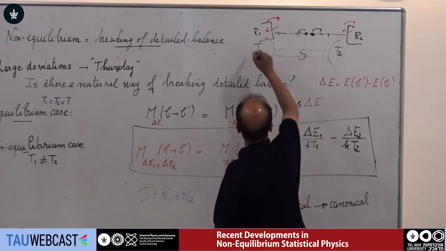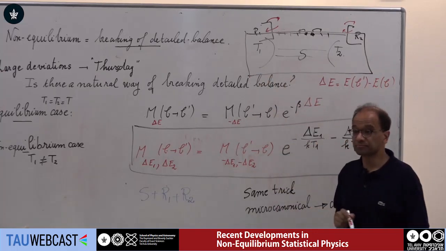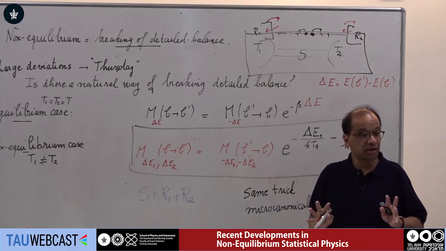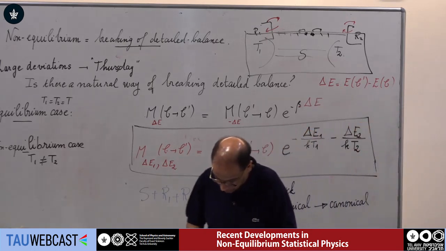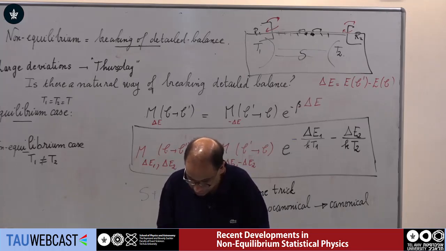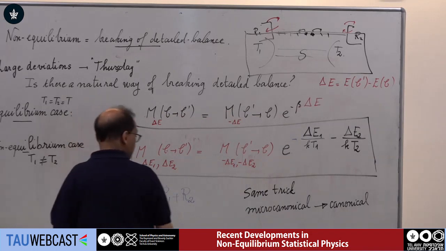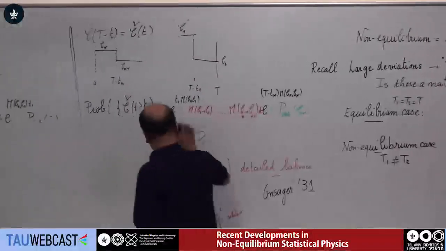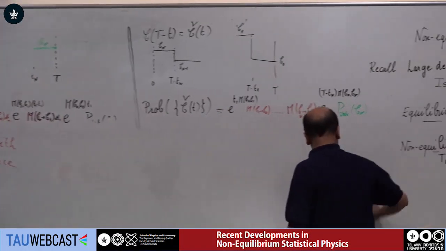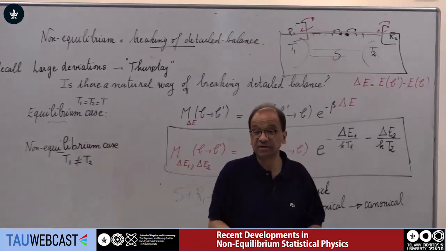We take the big system like that, put it in a big box, and make a full description of its dynamics, by a super Markov matrix of this complete system. So we now take into account also the degrees of freedom of the two reservoirs. But of course, the only thing we know about the reservoirs is their energy.